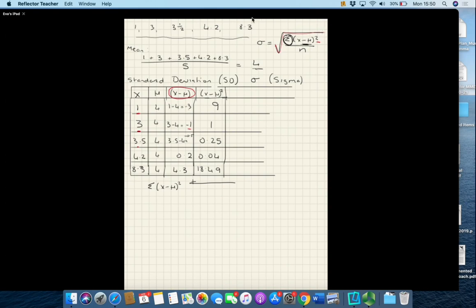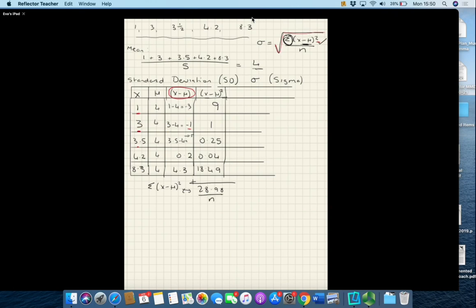So when I add all of them up, I'm getting 28.98. Okay, so the sum of all of the variations is 28.98. So that's that top line done. I then have to divide it by n.